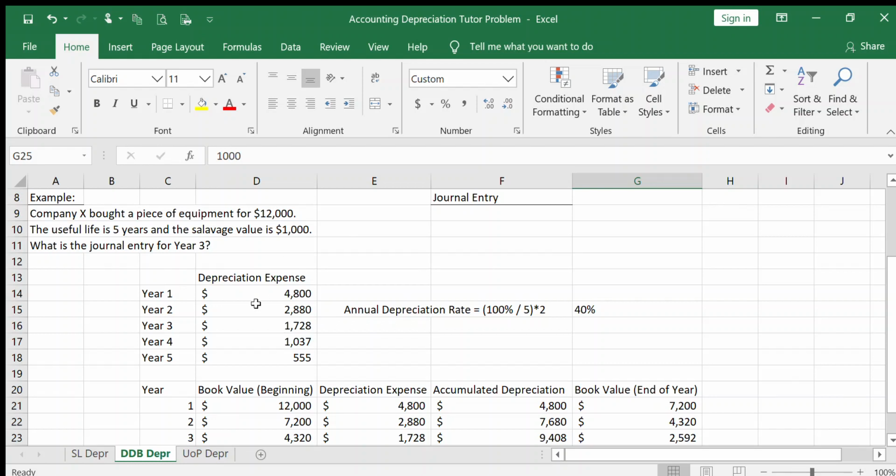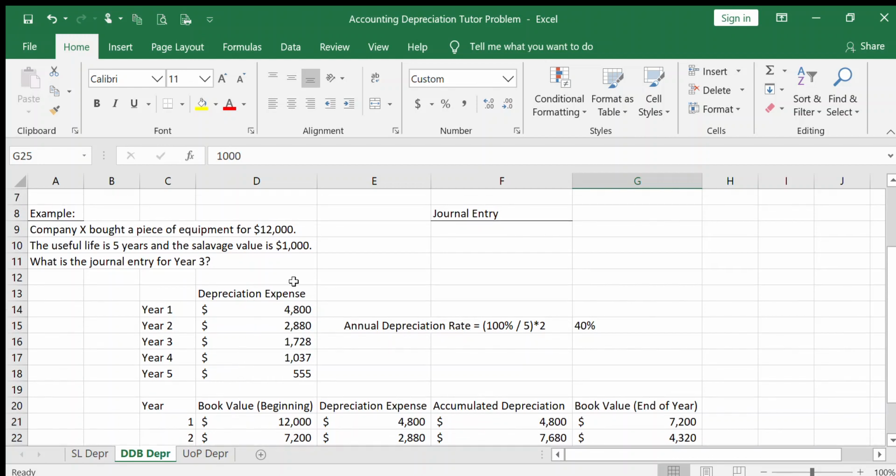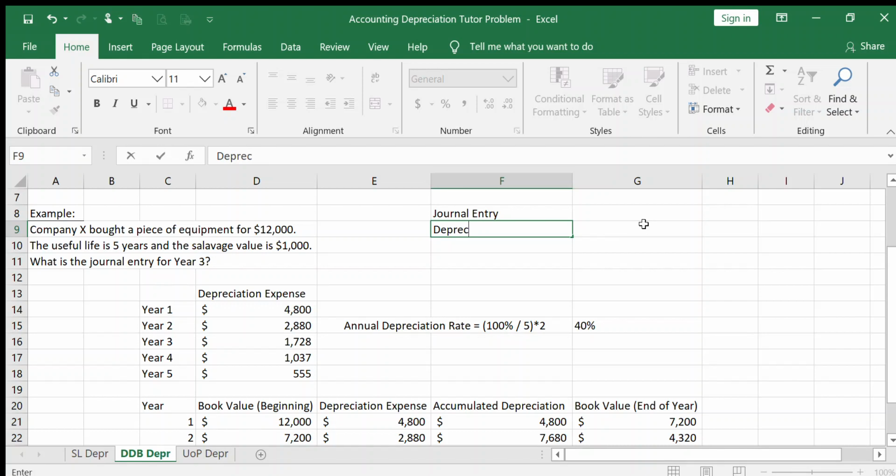So we've been able to determine our depreciation expense for each year. Unlike straight line depreciation, with the double declining method, we have a different depreciation expense for each year, as you can see here. When we're doing our journal entry, it'll be the same two account titles as we used in straight line, and it'll be the same for any other method.